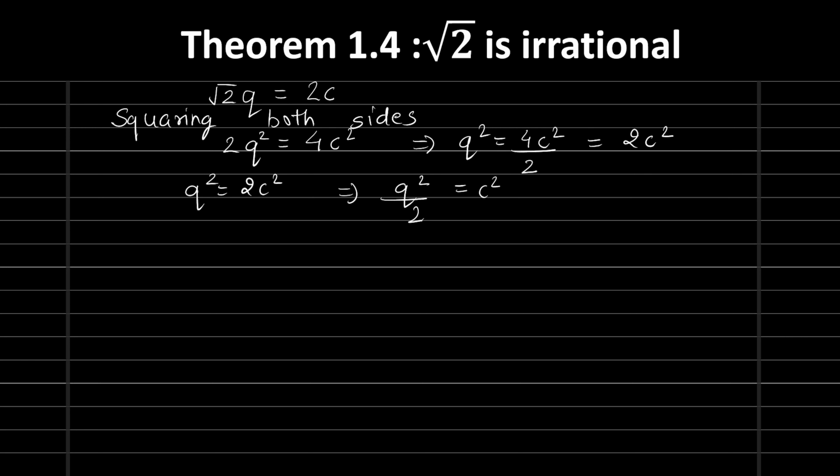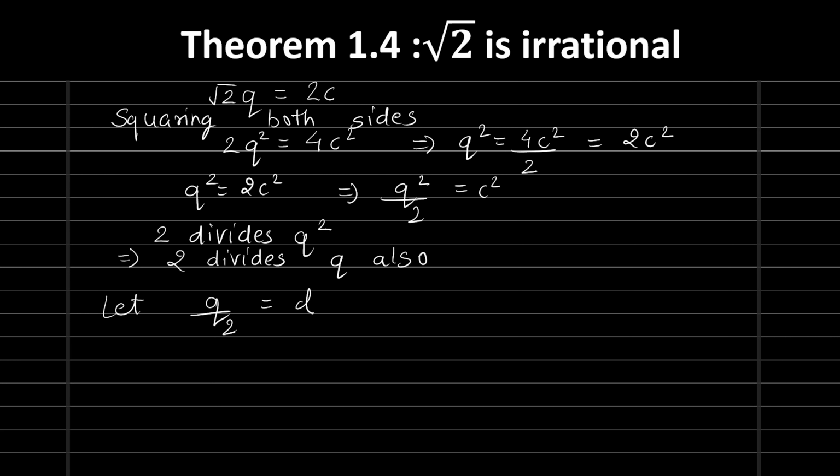Now with this, what did we understand? That definitely here 2 divides q square. And if 2 is dividing q square, then it will imply that 2 divides q also. So here we are going to write q by 2 equals to, let's say, some number d.